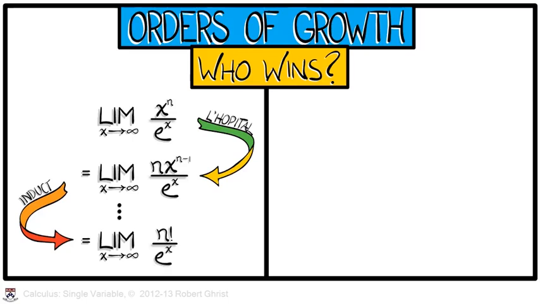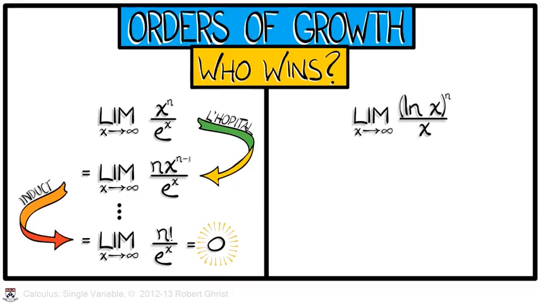Yet the denominator remains e to the x. What is this limit? It's 0. And what does that mean? It means that the exponential function grows faster than any monomial, and indeed than any polynomial function.